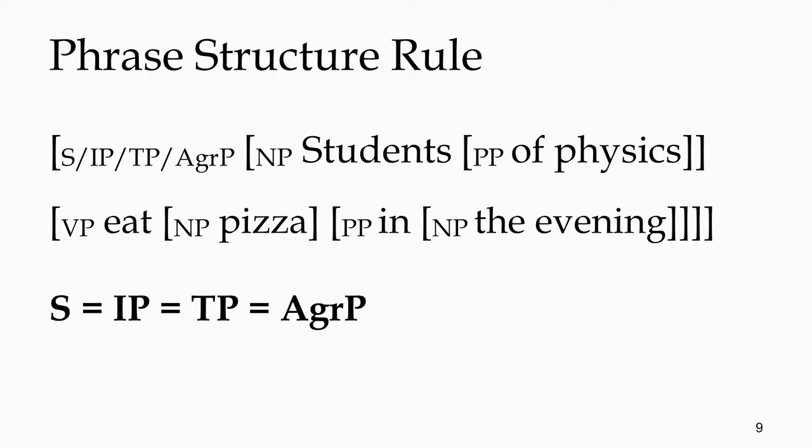And in the evening is an example of a PP, where in is a preposition and the evening is an example of an NP. If you see that NP carefully, you find the as a determiner and evening as a noun. So, these are the essential components, and this is how we describe or write a phrase structure rule for a sentence.